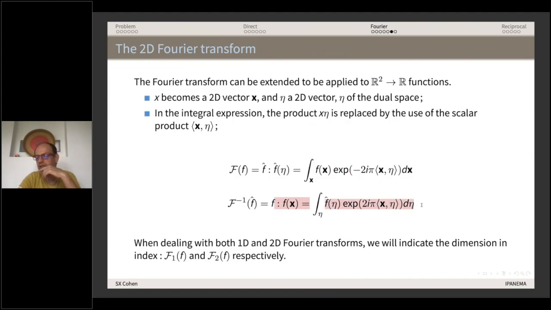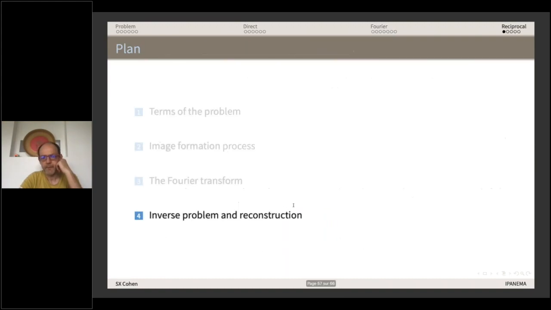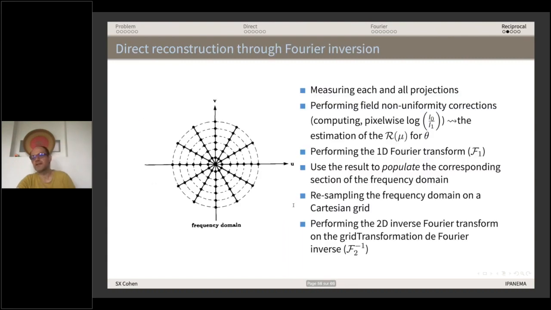So the inversion of the Fourier transform, going from a Fourier transform to the real function, is done by just summation. Now let's look at all this together. I'm doing the experiment by measuring the Radon transform at different angles. So basically, I'm going to measure the Radon transform at different angles.